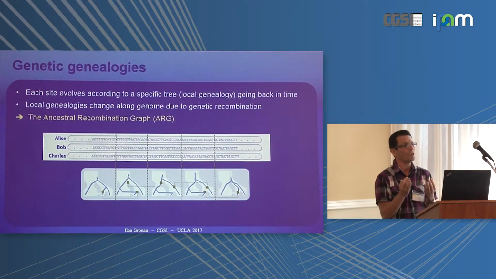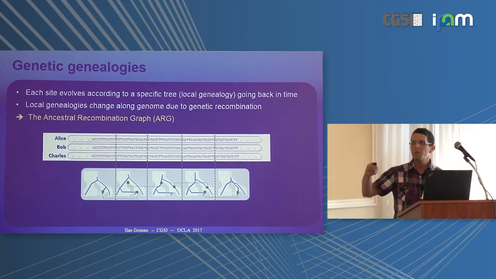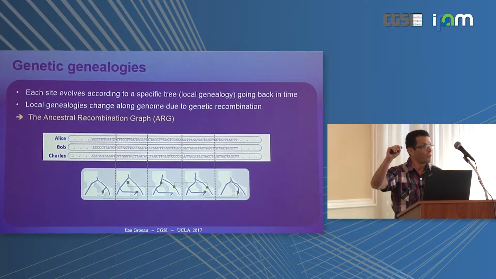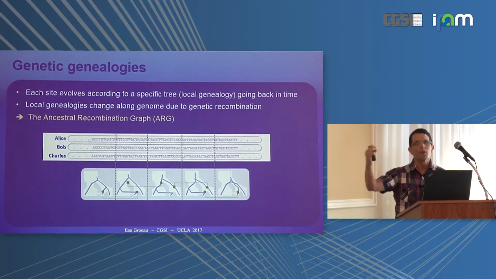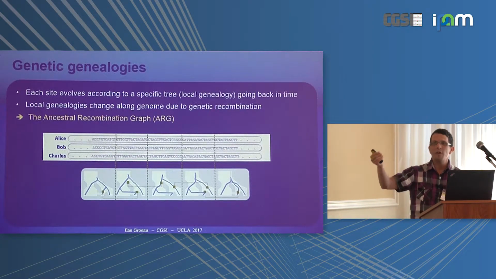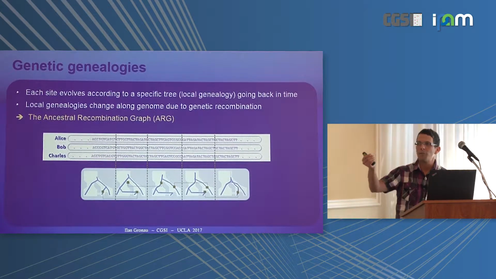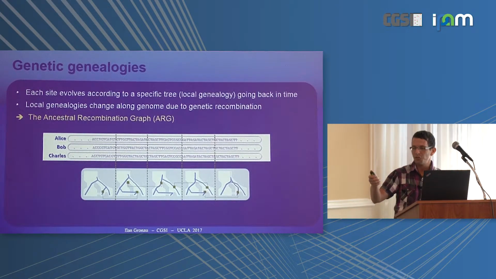It's very, very noisy because the sequence patterns you actually observe provide you with very weak information about the actual genealogy at that point. But there is some information, and the whole trick behind doing population phylogenomics is being able to read these patterns and interpret them in terms of population history.